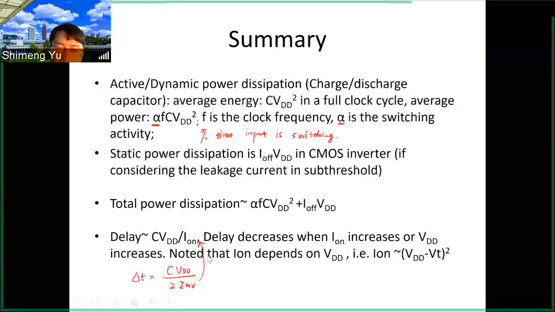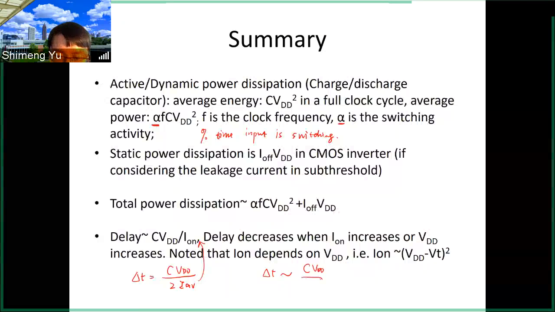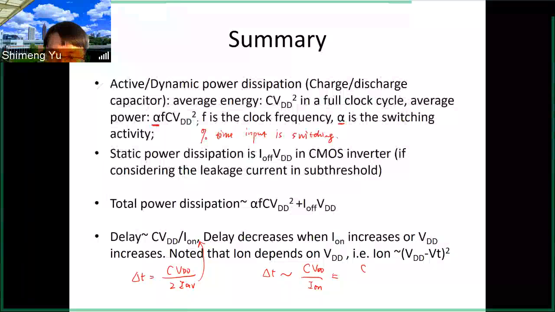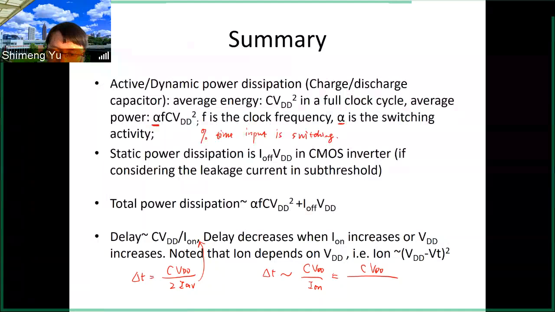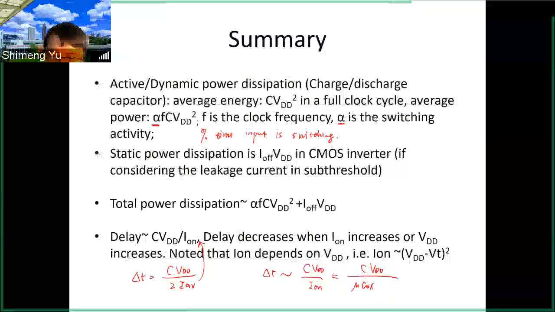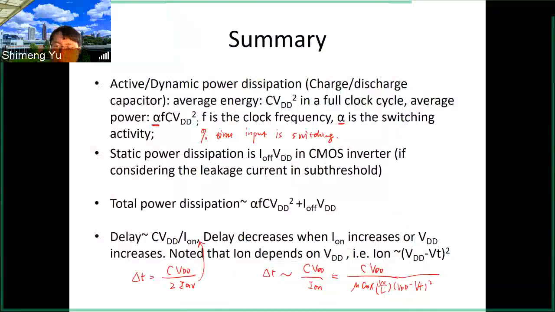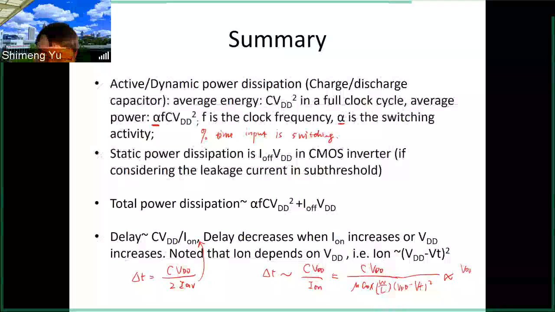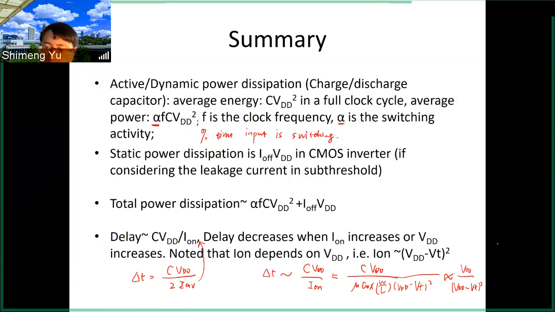And I on is like mu C_ox W over L times VDD minus VT squared. So it's proportional to VDD over VDD minus VT squared.